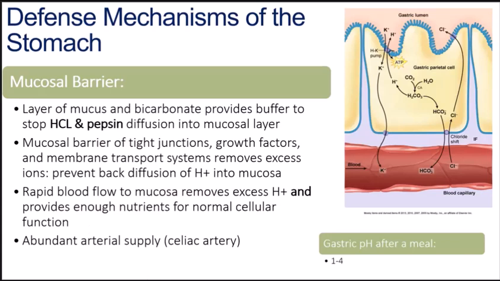I'm going to get a little bit more specific now on this topic of the mucosal barrier. The mucosal barrier is made up of these tight junctions. This is where cells are held tightly together, the epithelial cells, that is. There are also growth factors that are present, which will work to inhibit any excess gastric secretion.